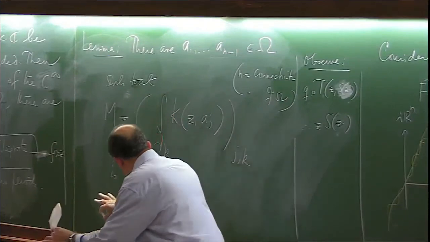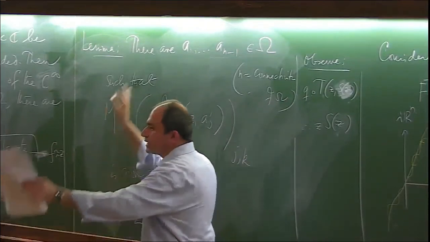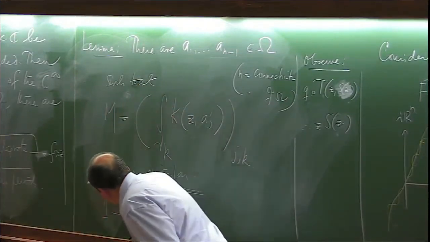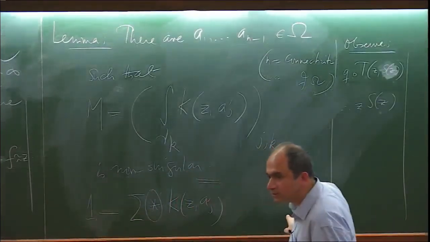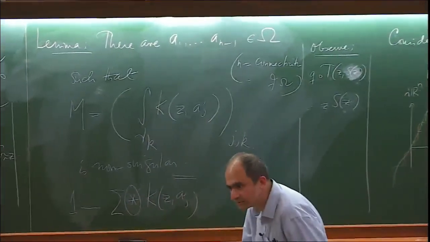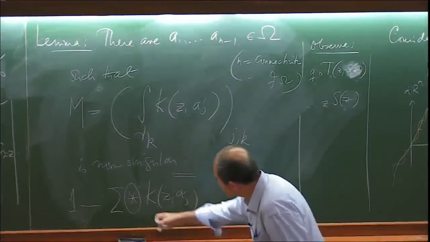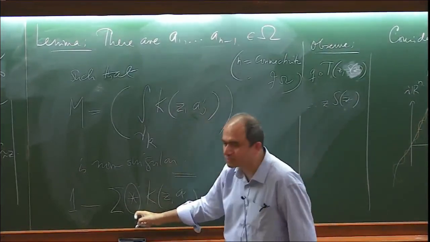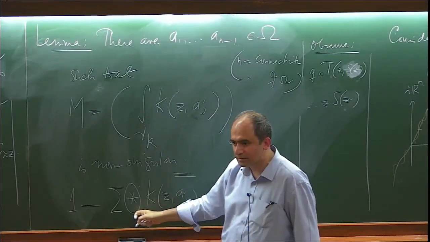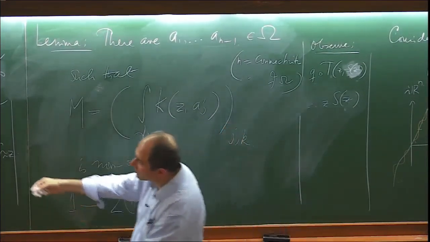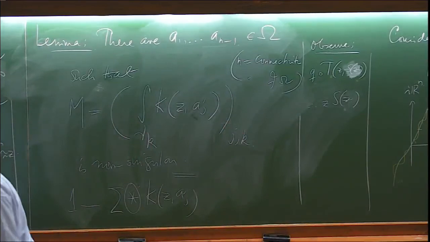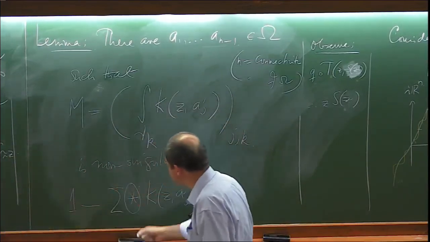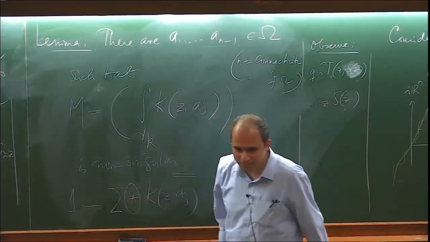But I want this new function to have 0 periods. So the integral around each of the gamma j's must be 0. So this is a system of equations, and the coefficient matrix is invertible. And therefore you know what these coefficients are. And you can control them because after all you just want to perturb slightly. So if your perturbation is slight here, the coefficients will be very small.